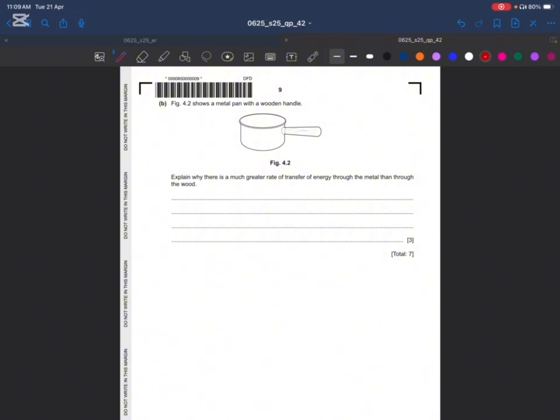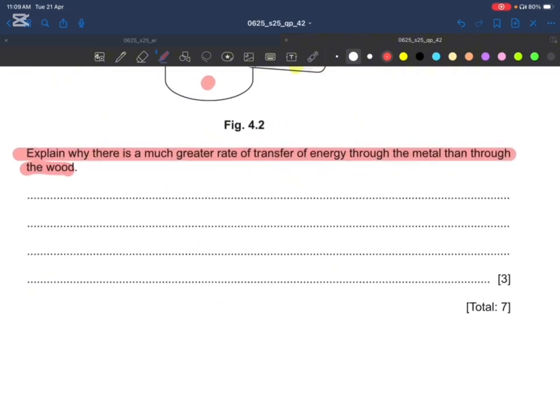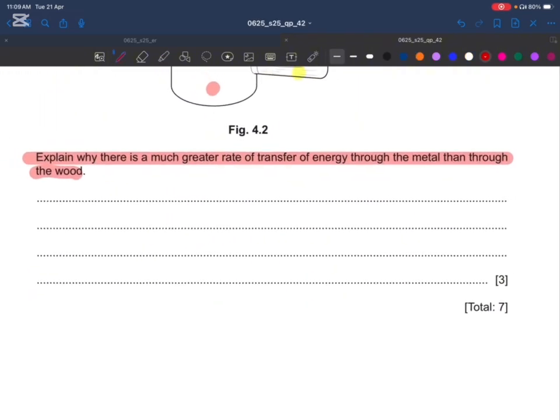Then in part B, figure 4.2 shows a metal pan with a wooden handle. The pan is metal and the handle is wood. Explain why there is a much greater rate of transfer of energy through the metal than through the wood. What is the situation? As far as wood is concerned, it is not a good conductor.